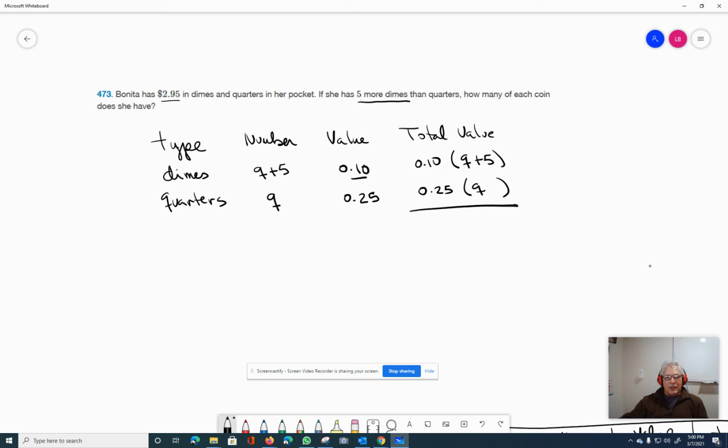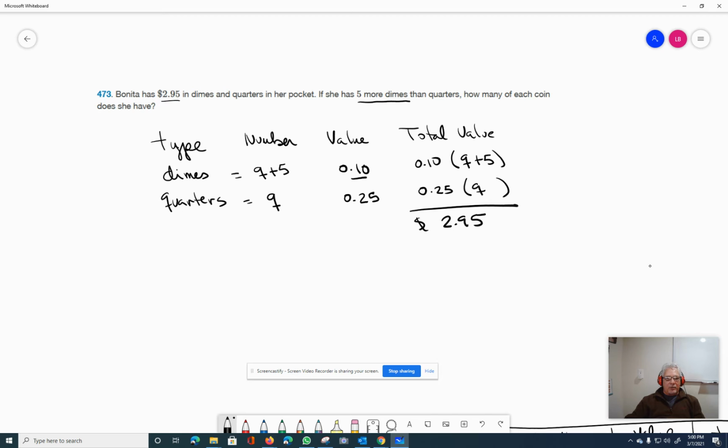And that addition has to give me $2.95. Let's solve and find the Q, and then if we find the Q, we can find the dimes, because dimes will be equal to Q plus 5 and quarters is just Q.